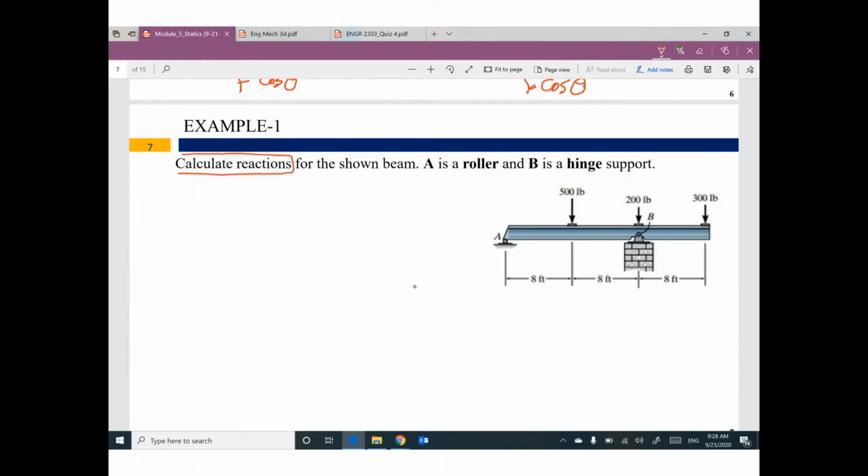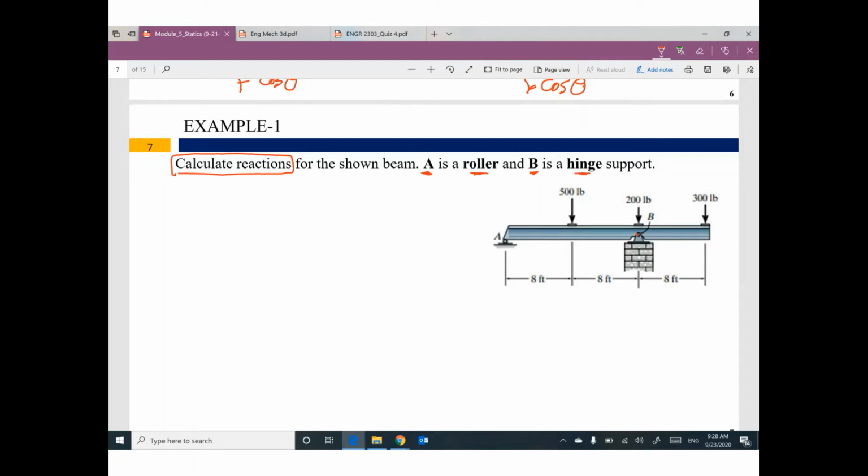For the shown beam, this structure called a beam, this structure is supported at A with a roller, and at B it is supported by a hinge.